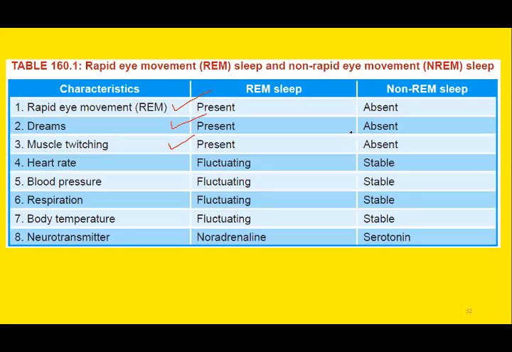All these features are usually absent in the non-REM sleep. Moreover, heart rate, arterial pressure, respiratory rate, tidal volume, body temperature, all these parameters are irregular during REM stage, whereas no significant change is observed in these parameters during non-REM state.